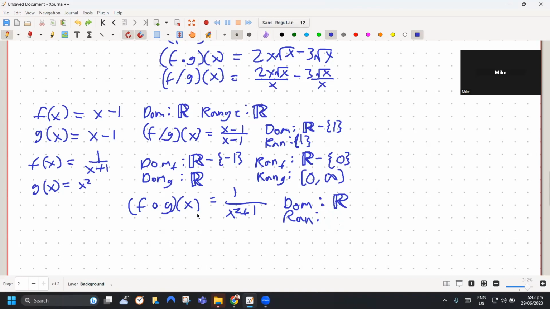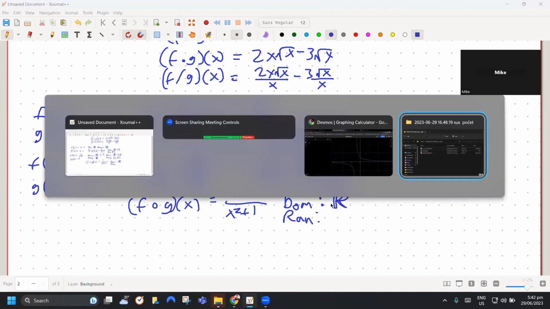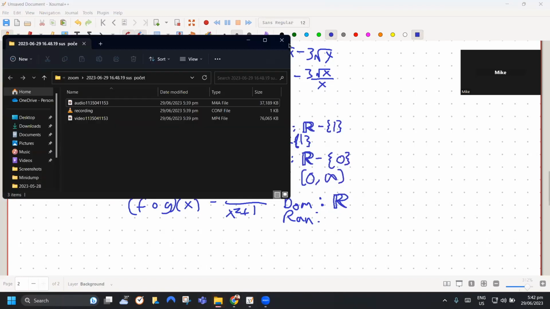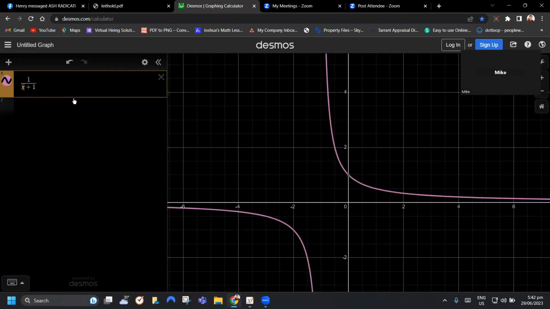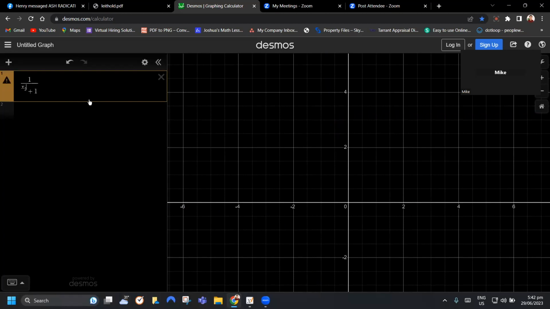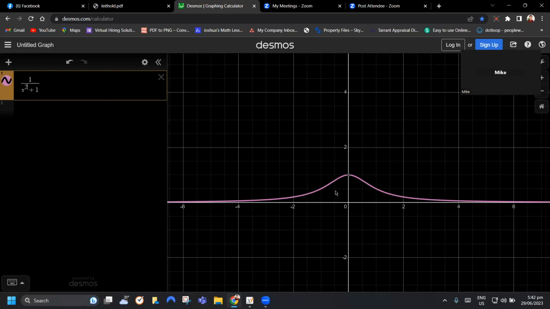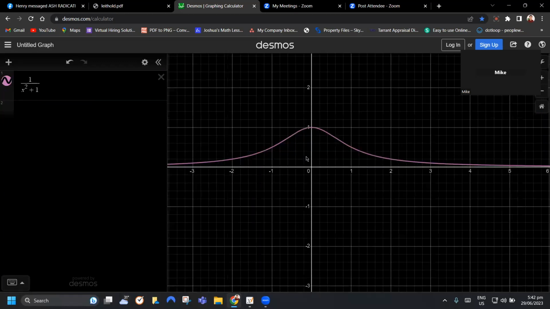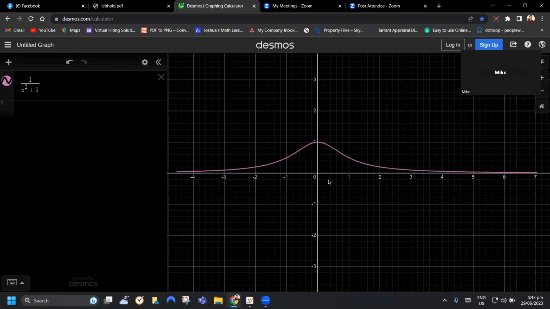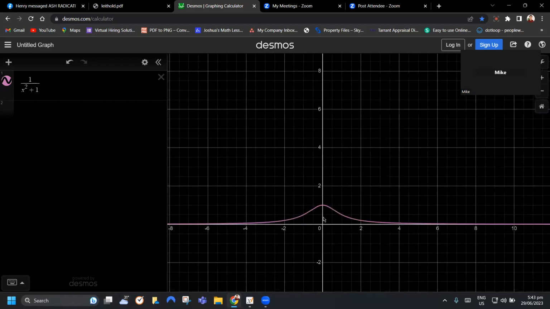Kasi di ba, the range is the set of all possible values. So ano yung range ngayon?